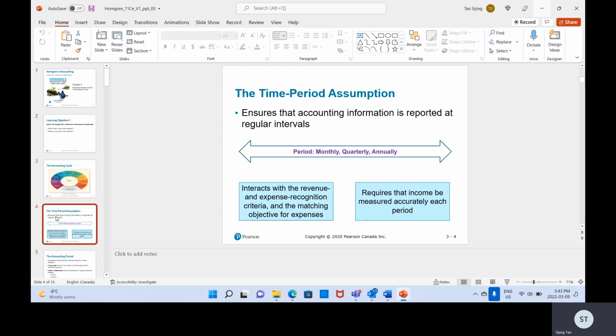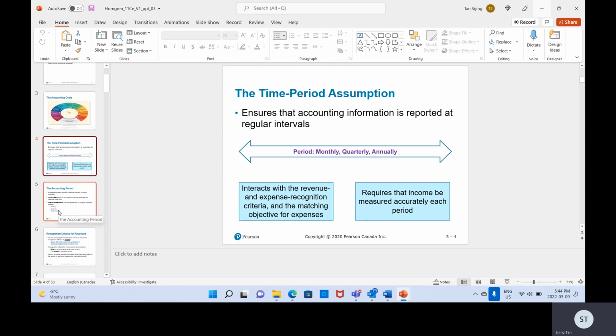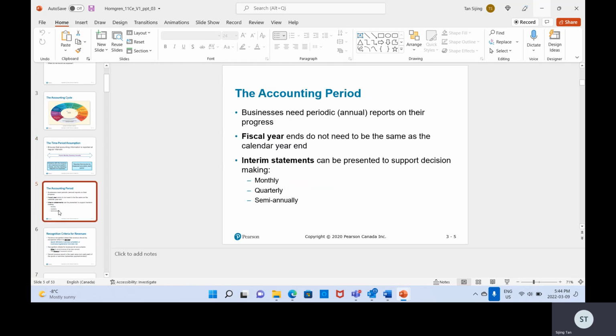Some businesses use the calendar year, January 1st to December 31st, but other businesses use a fiscal year, with a year end usually corresponding with a low point in business activity. So they can choose June 30th or August 31st. Those are the fiscal years of the business.